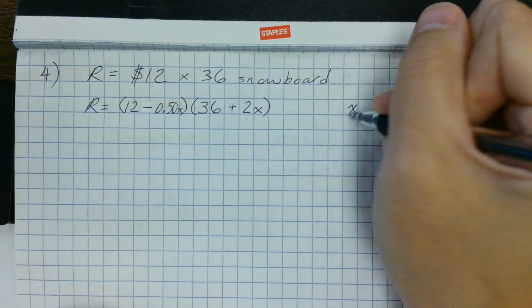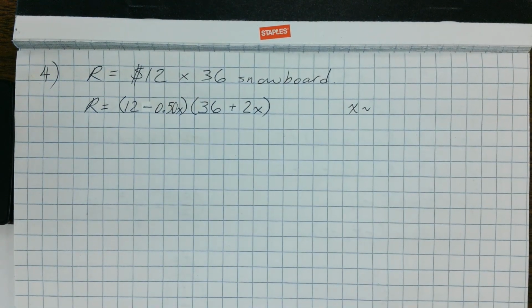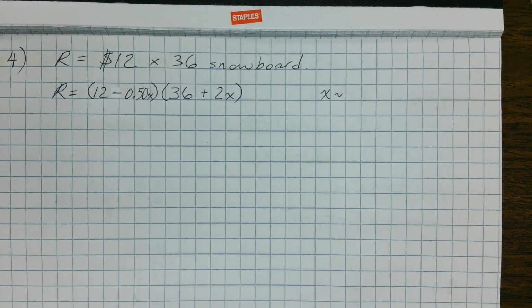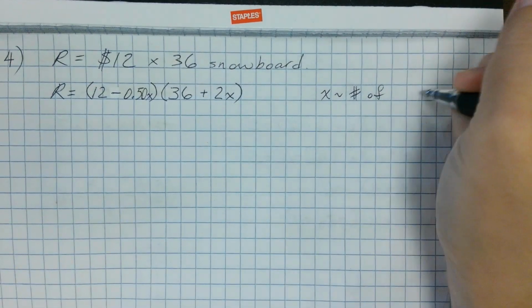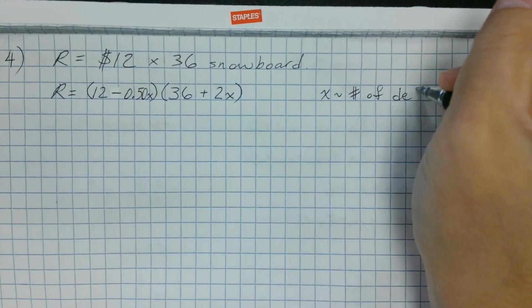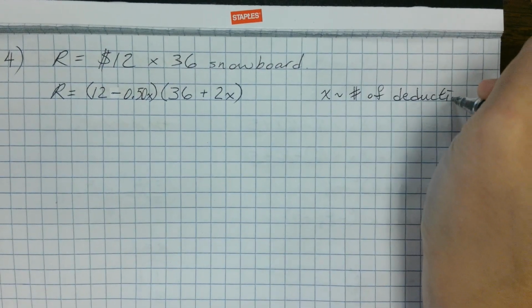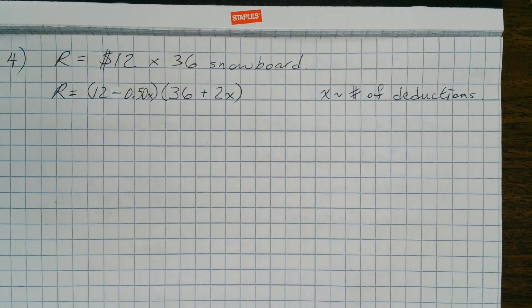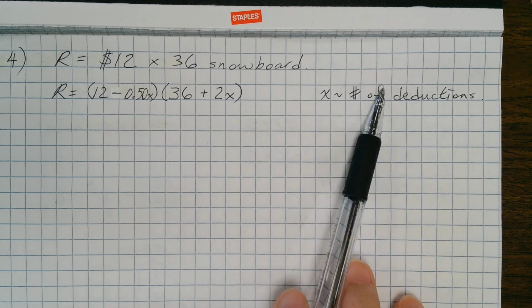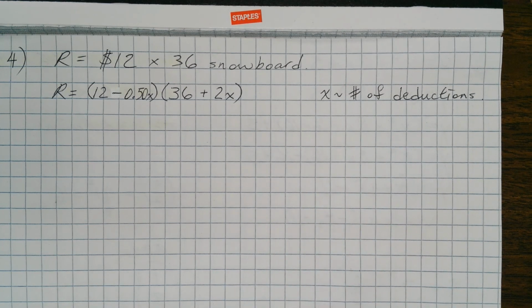What does x represent? Yep, the number of deductions. Good. I still have people telling me it's the number of snowboards. It's not the number of snowboards. It's the number of deductions.